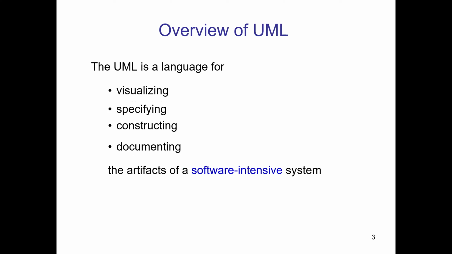So UML is a language for visualizing, specifying, constructing, and documenting the artifacts of a software-intensive system. As I mentioned, this was originally used for software-intensive system design, but it has been transitioning to not only software-intensive systems, but any type of system.